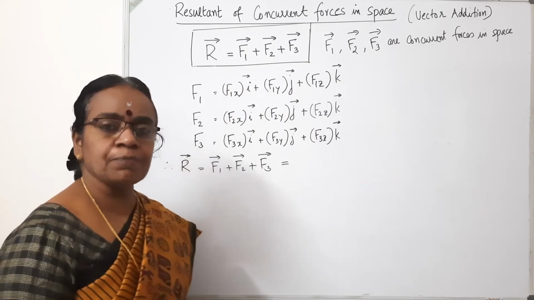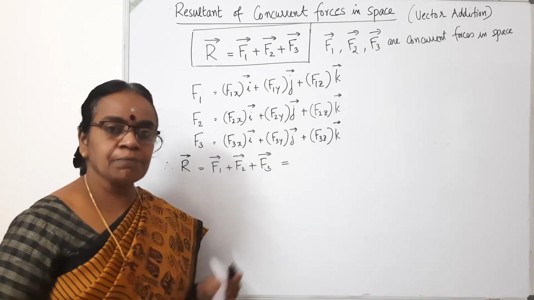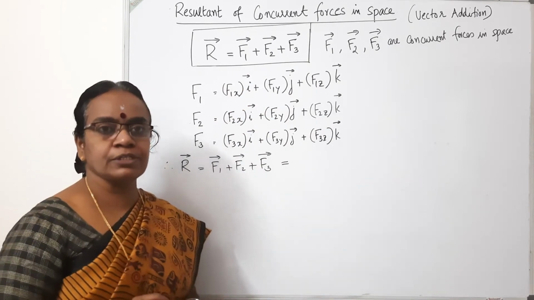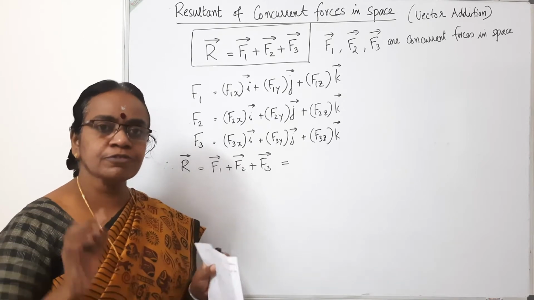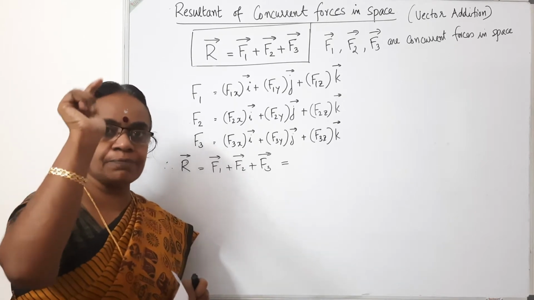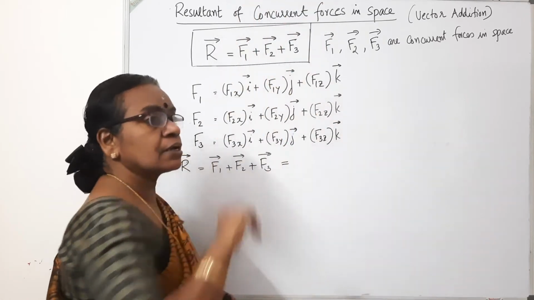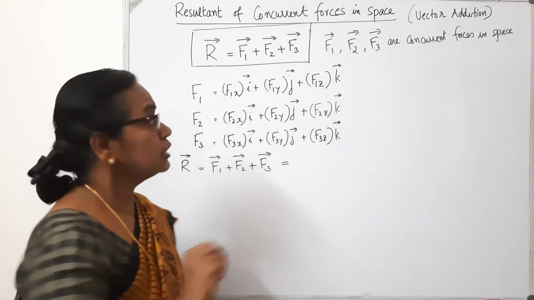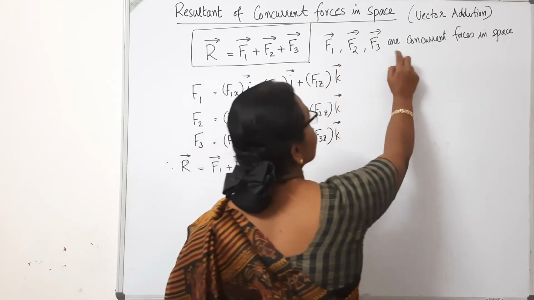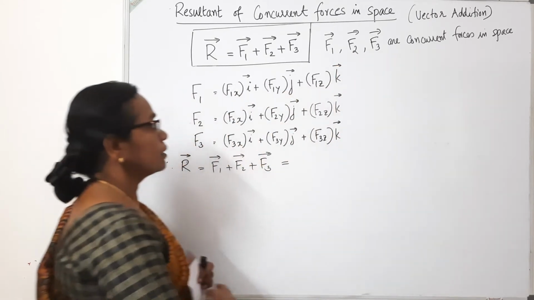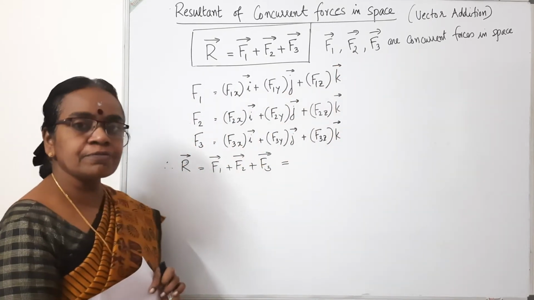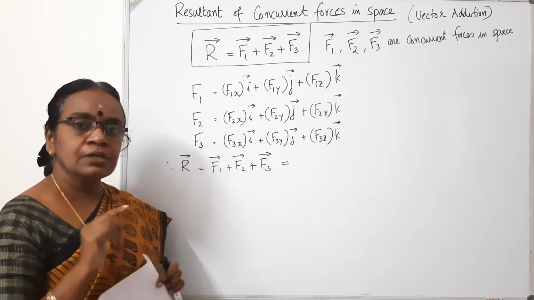Each force has to be represented as a vector. A number of forces acting at one particular point in space. So concurrent forces, all the forces are passing through one single point. So F1, F2, F3, say if there are n number of forces, each of these forces are concurrent forces in space.